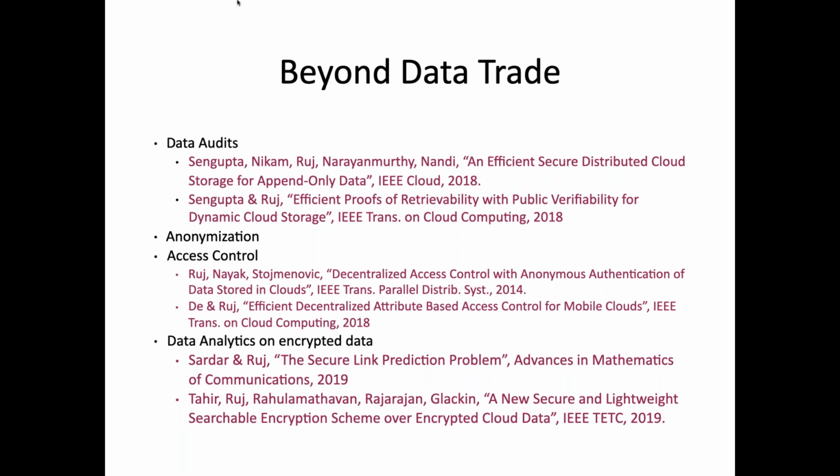And one thing, the takeaway is that various types of communities, be it the software community, be it the research community, the policymakers, the legal community, as well as the social, as well as various other communities should come together to solve this problem of data sharing, to make it much more suitable from the point of view of privacy, from the point of view of efficiency, from the point of view of legal compliance.